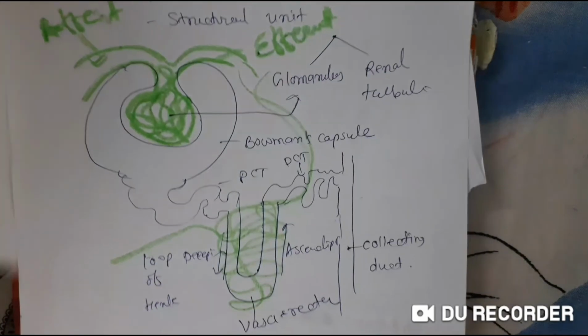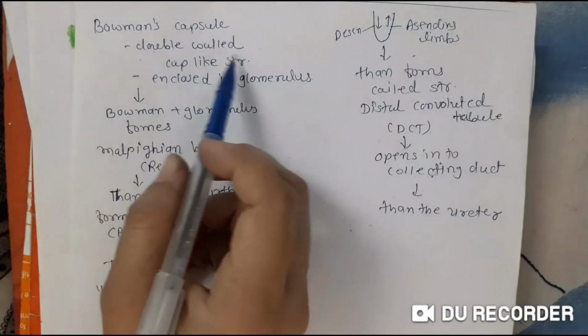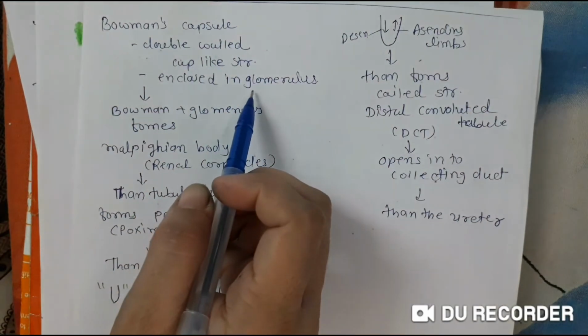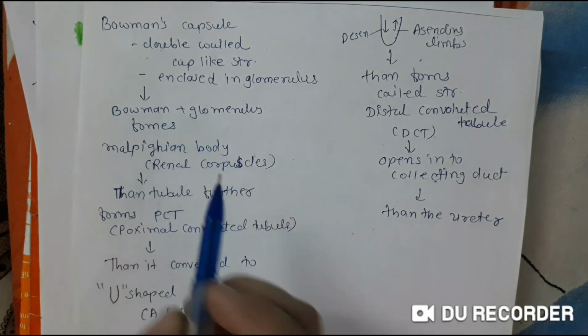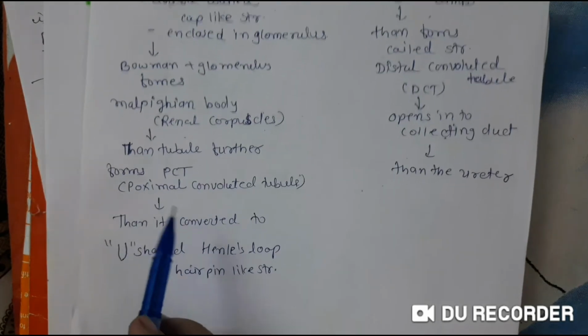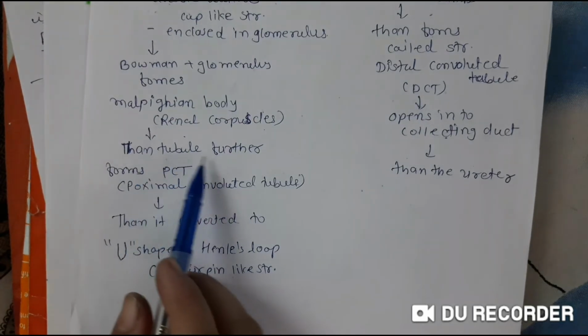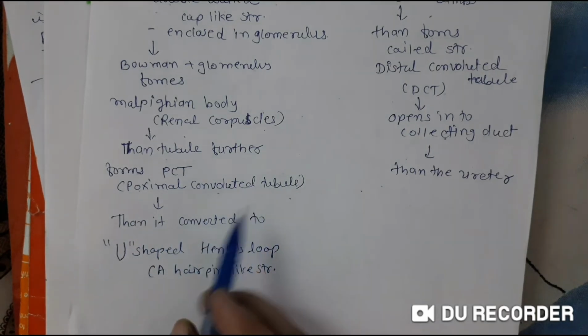Here I have made a small flowchart for you. See this Bowman's capsule. It is a double-walled cup-like structure enclosing the glomerulus. Bowman's capsule and glomerulus combined form the Malpighian body, or you can say renal corpuscle. Then the tubular structure is called the proximal convoluted tubule.